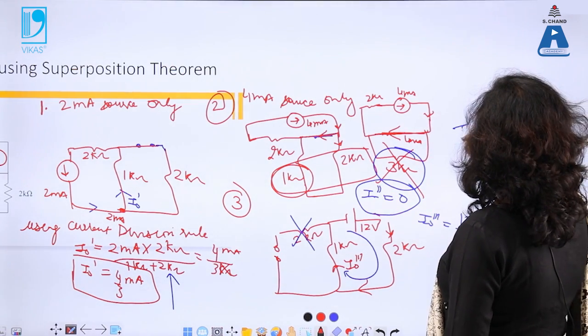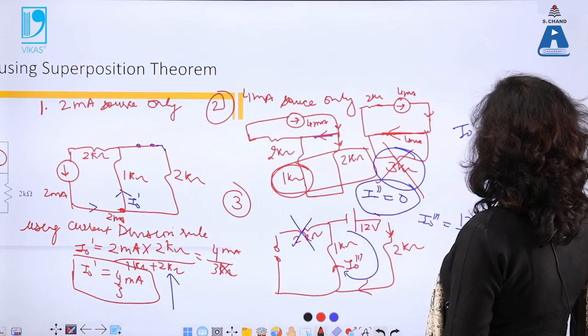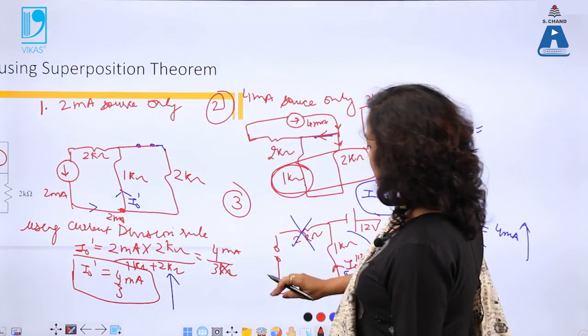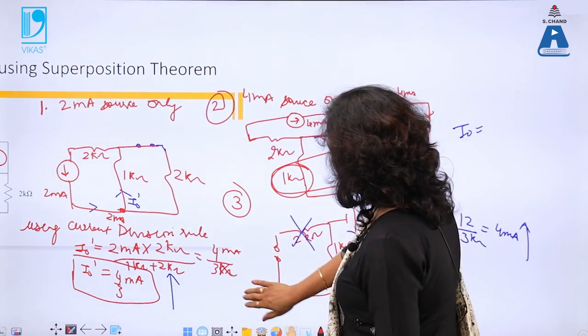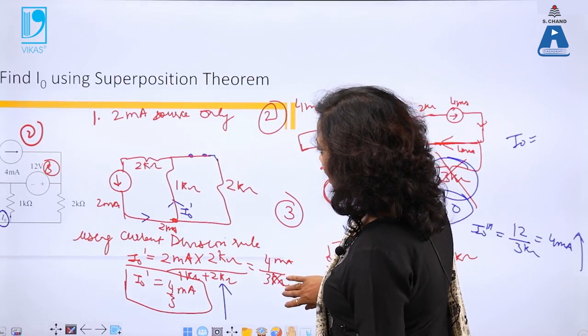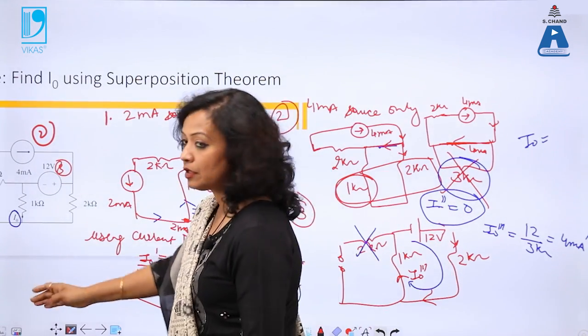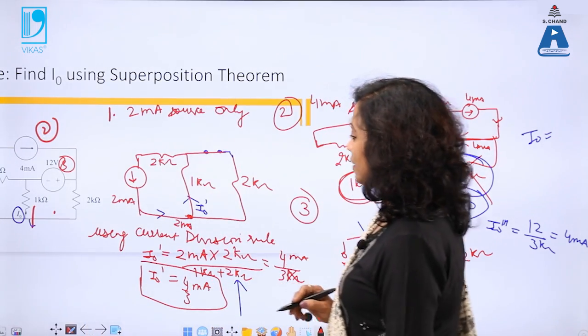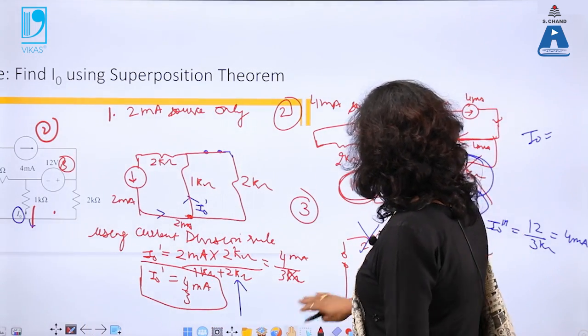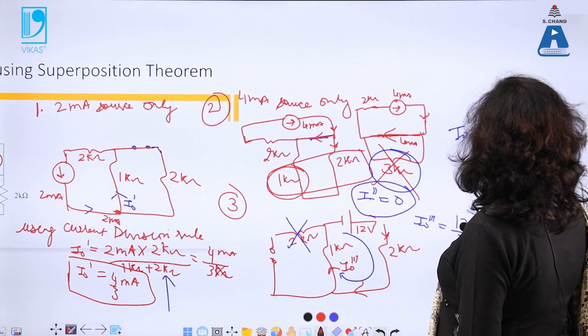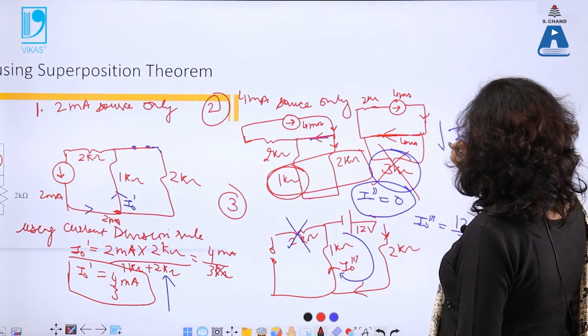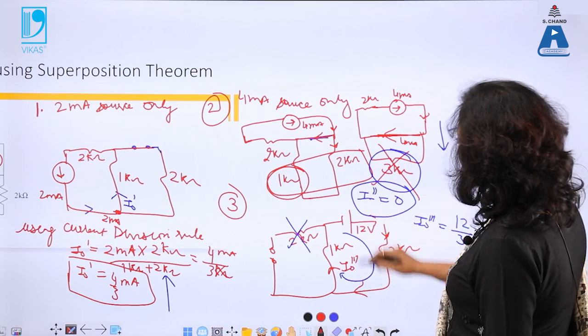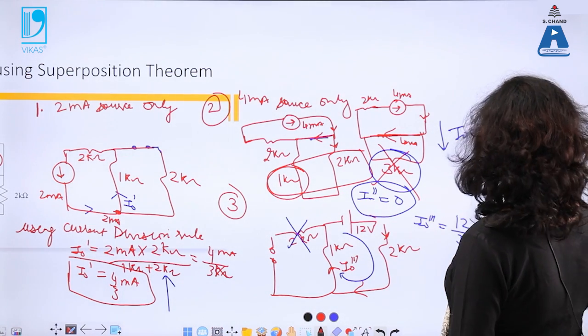So what is my I naught as asked in the question? In the initial statement, if I move this, you can see that my I naught is downward. For the given question, I am asked to find out I naught, which is given as downward, but I am getting all my answers in upward direction.